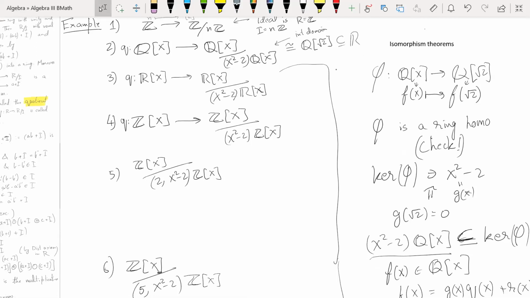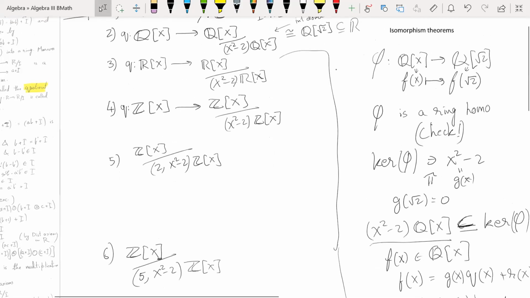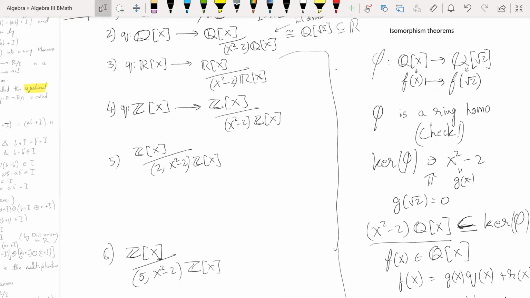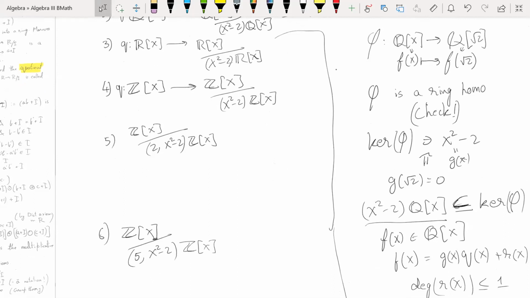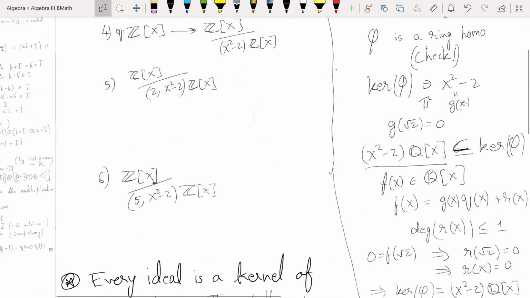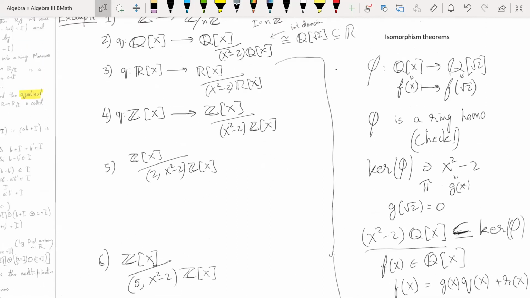Then there is this first isomorphism theorem, which says that if you have a surjective ring homomorphism from R to R prime, then R mod the kernel of that ring homomorphism is isomorphic to R prime.